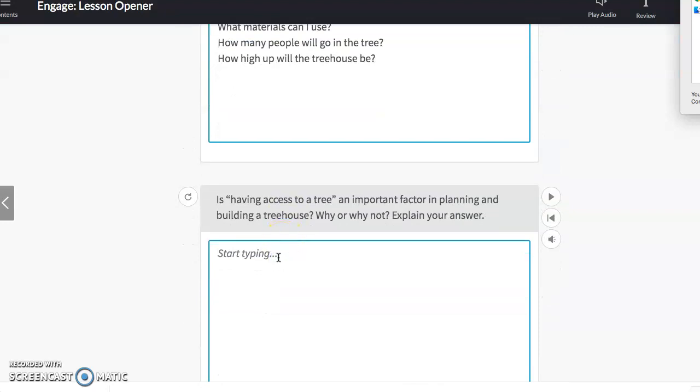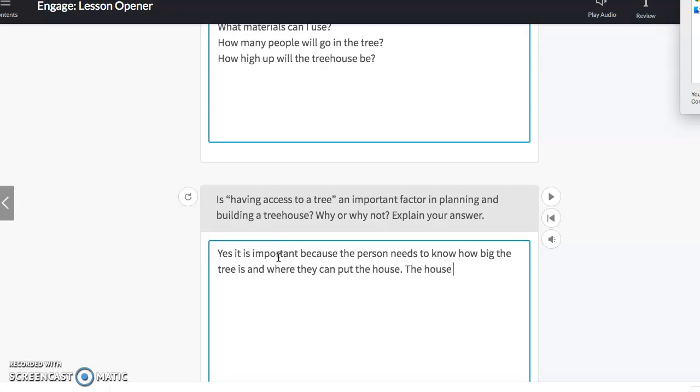Is having access to a tree an important factor for a tree house? Yes, it is important, because the person needs to know how big the tree is and where they can put the house.